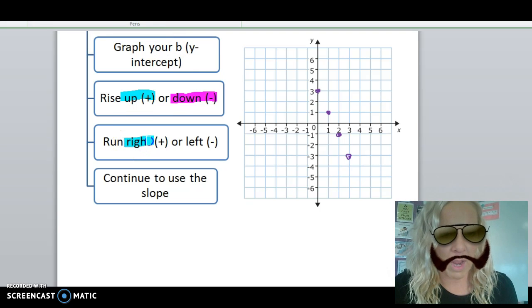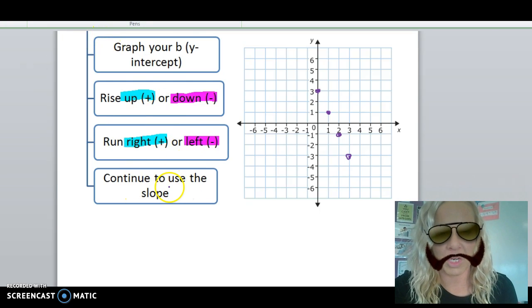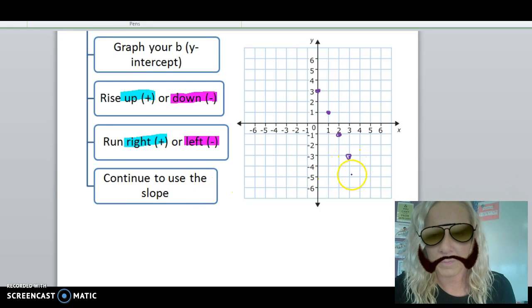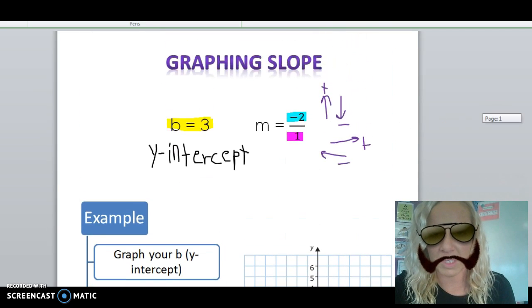Then you're going to go to the right if it's positive, and to the left if it's negative. Then the last step I have here is you can continue to use the slope in order to form the line.